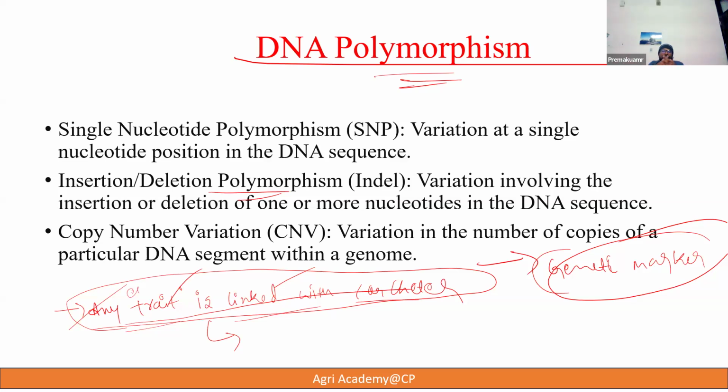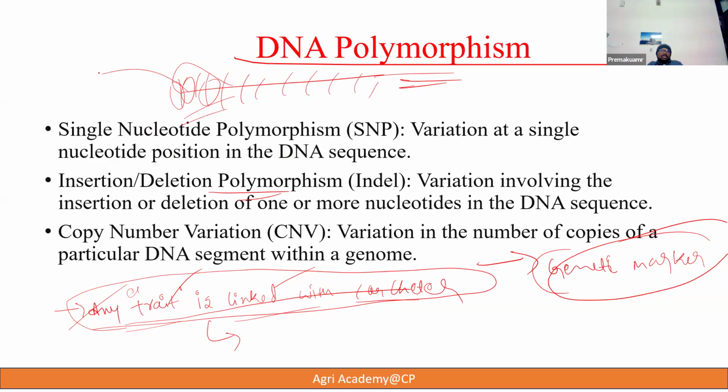I will tell. Any trait that is linked with the character means there are linkages always there. Most of the traits. A chromosome has not only a single gene, it has so many genes. The genes present in a single chromosome are linked only.